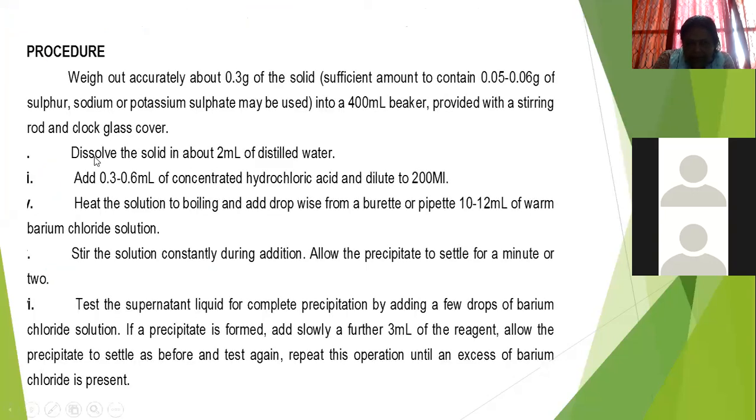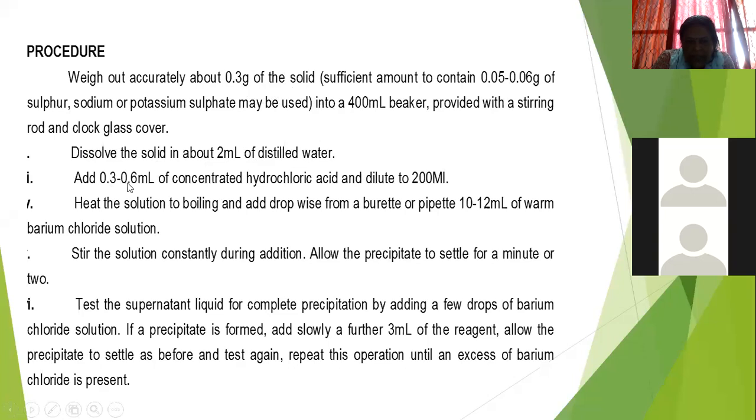Then this is the procedure: you take 0.3 gram of the solid. Here we have followed this protocol, but several protocols are there. So you can take 0.3 gram of any solid salt, preferably sodium or potassium sulfate, add this salt to a 400 ml beaker and dissolve it in 2 ml of distilled water.